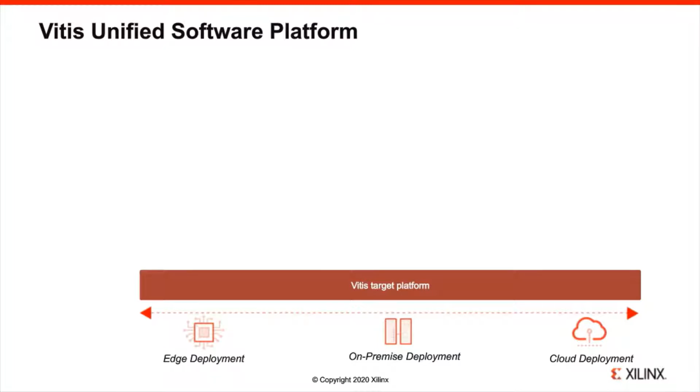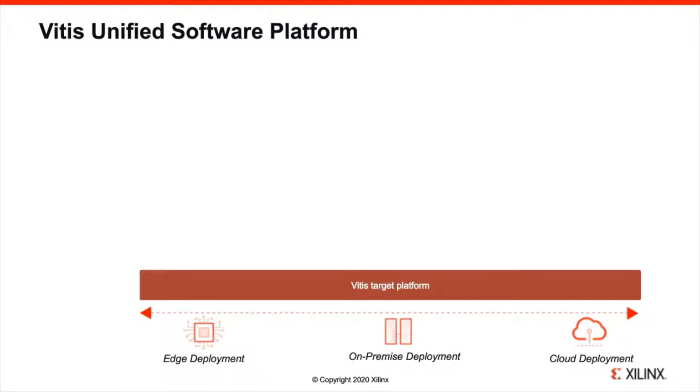The fundamental and minimum requirement for development using Vitis is what we call a Vitis target platform. This is what represents the Xilinx hardware platform that you are deploying algorithms on. Now this could represent an Alveo accelerator card or an embedded platform like the Zynq UltraScale+ ZCU102 board, or you can absolutely define your own custom platform.